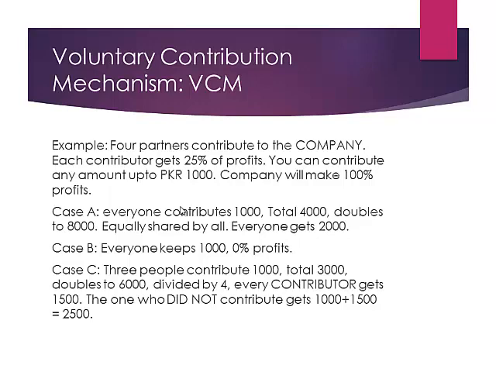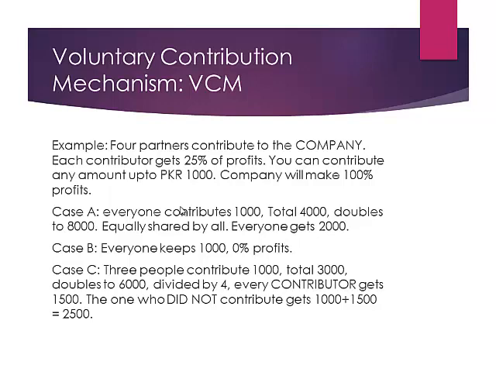The one who did not contribute gets 1,000 plus 1,500, 2,500. So this is the paradox, the social dilemma, that everybody benefits from contributing, but one person can benefit more by not contributing.